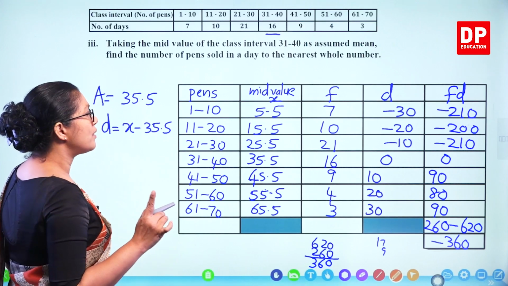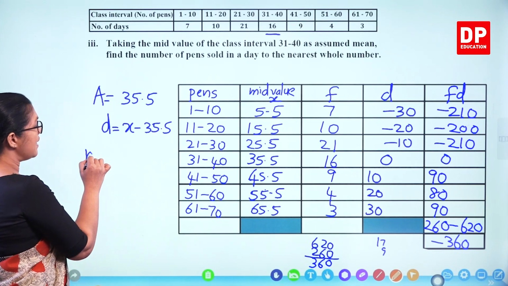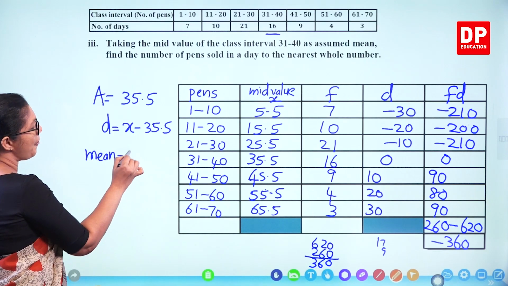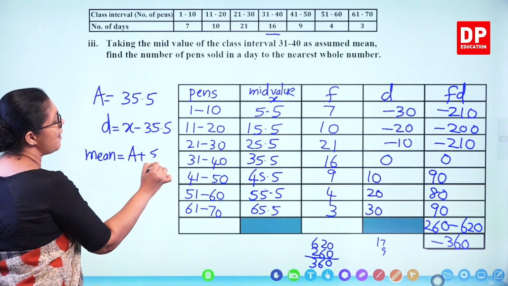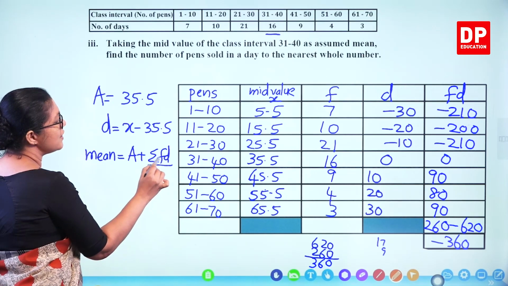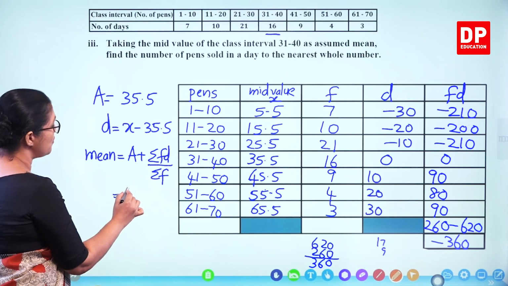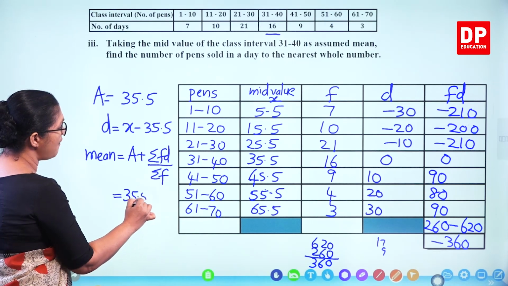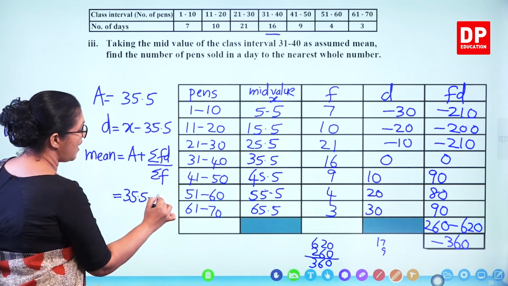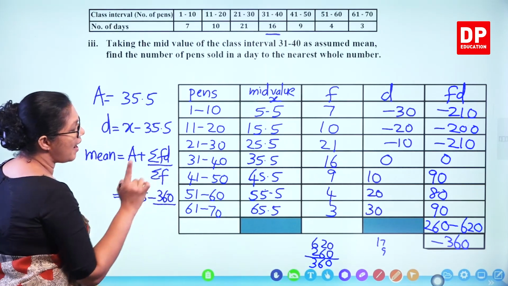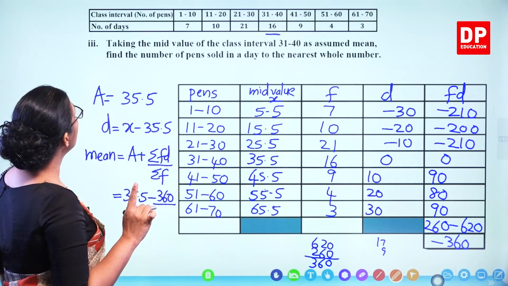Now we know the total fd. So what's the mean? What's the formula? Assumed mean plus sigma fd over sigma f. Assumed mean is 35.5 minus 360 divided by, what's the total frequency?